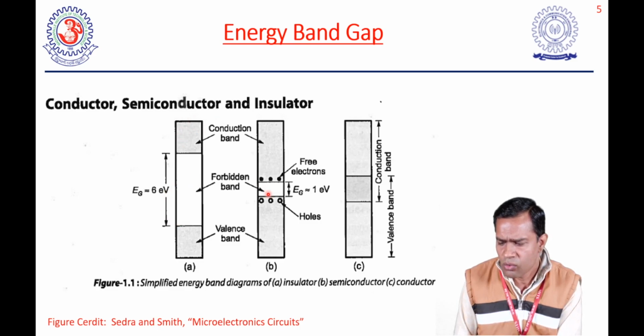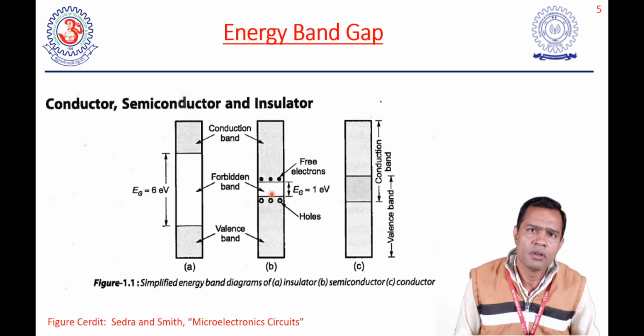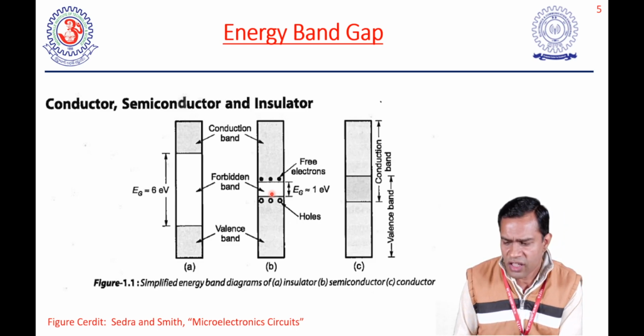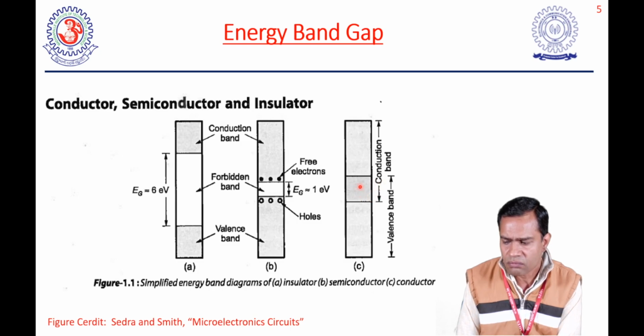In the second, you can see this is the structure for the semiconductor. Here the energy gap is 1 electron volt. So this is our desire for electronics, that is semiconductor. And the third one, you can see no energy gap. This is the picture for the conductor or metal.